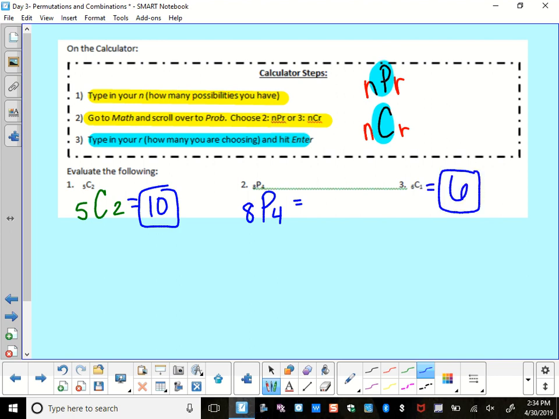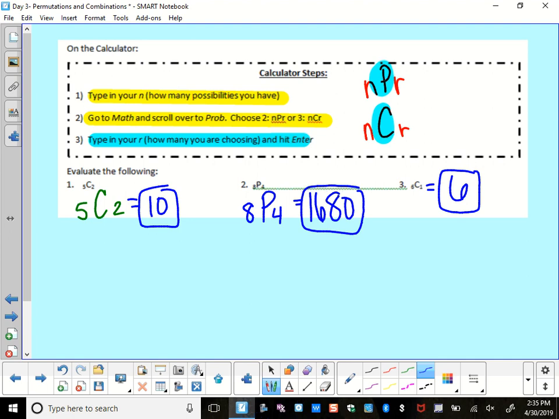Just make sure you're inputting the right thing. It seems easy. What did you get, Jenny? Good. You should get 1680 for 8P4.